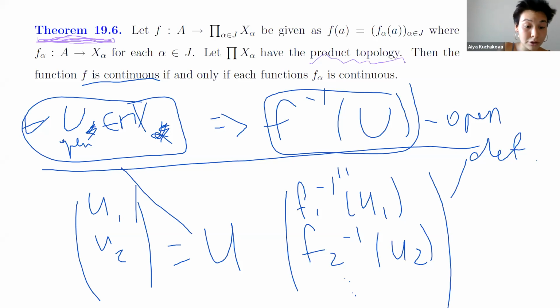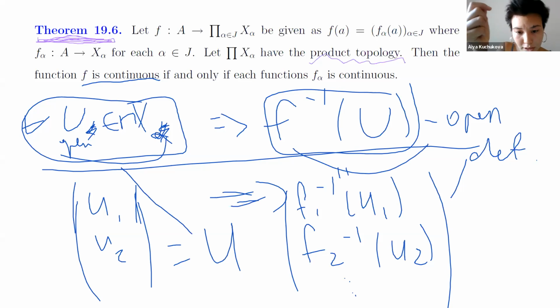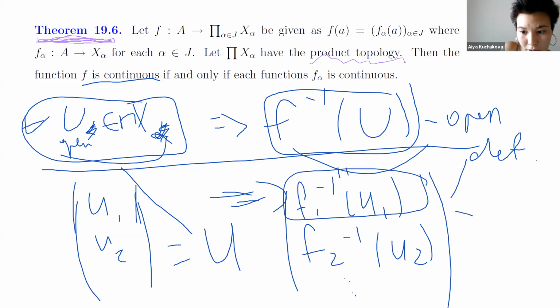I'm just trying to see how to make it logically rigorous, because if you get from here to here, then this direction is implied, right? And so this part would be open, and this was open by definition.